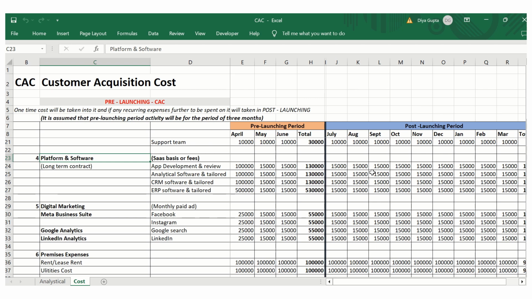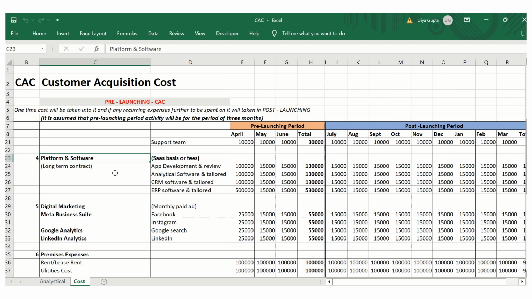So at the time of dealing with the SaaS based companies, you have to keep in mind how you want to use their services and how long you want to use those services. And if you fragment it, you can understand what type of services you need for the short period and what type of services you need for the long period.